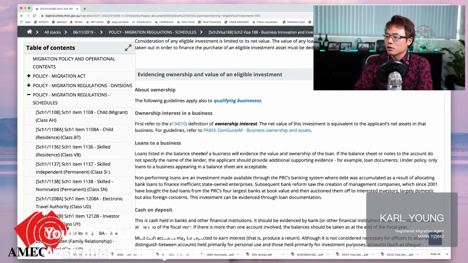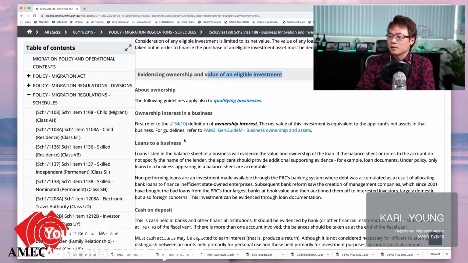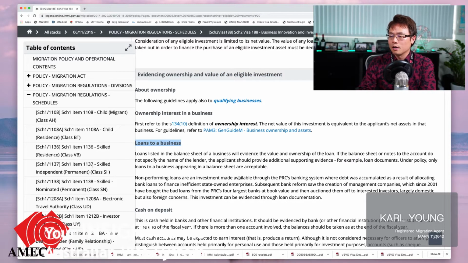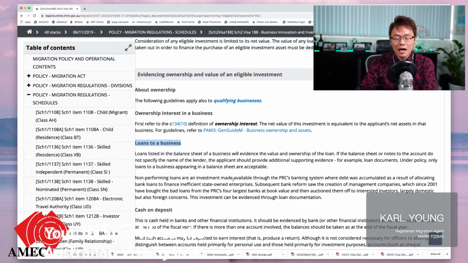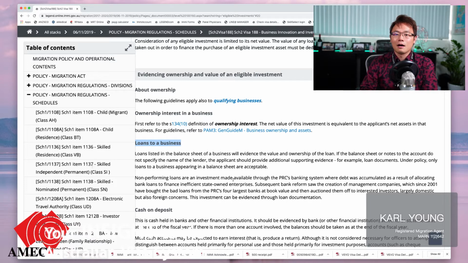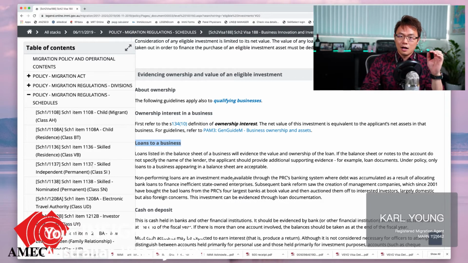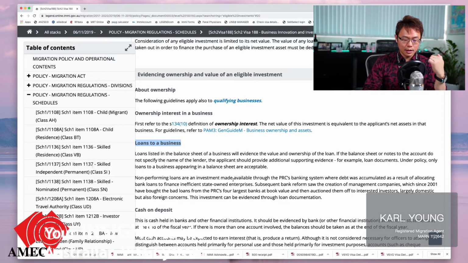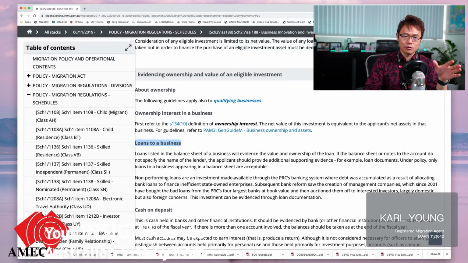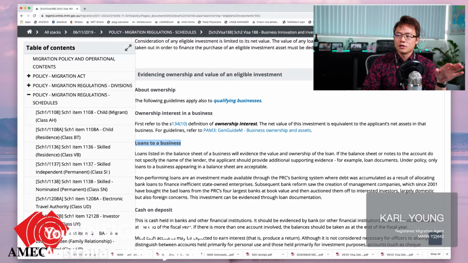Now, evidence of ownership, there's an eligible investment and its value. You may demonstrate an eligible investment as a loan to a business, but personally I have not seen this because it's considered to be a very, very risky situation. It's more likely to be invested into venture capital or startup funds, but then that goes into a fund management procedure rather than a loan to a business.